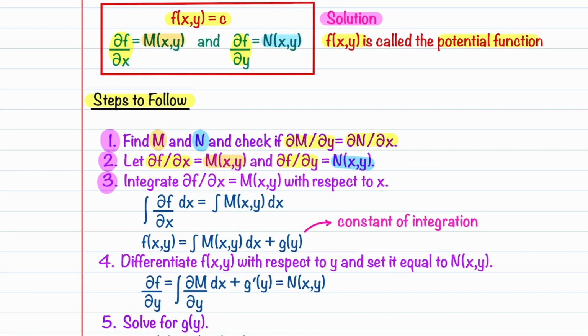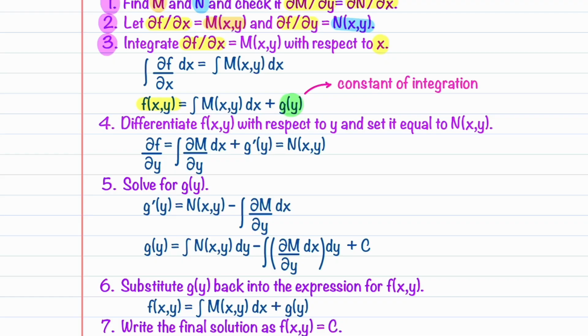Next, you're going to integrate the partial derivative of f with respect to x, with respect to x. This is going to give us f of x, y along with a constant of integration that's in terms of y that we're going to have to find. In steps 4 and 5, we're going to find that constant of integration g of y.